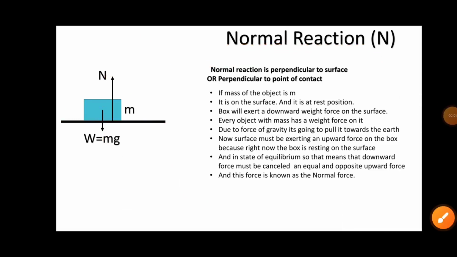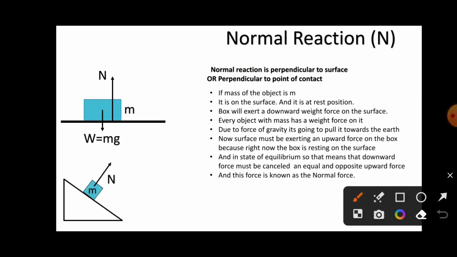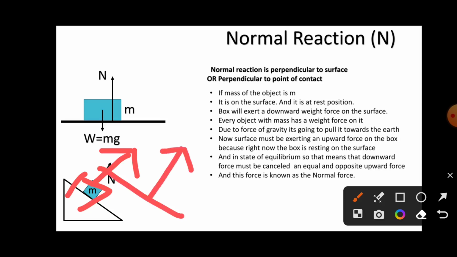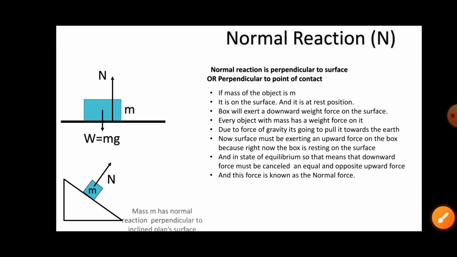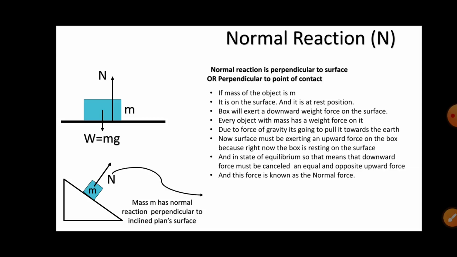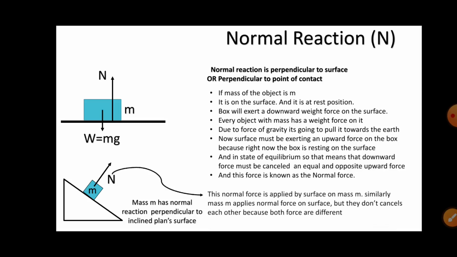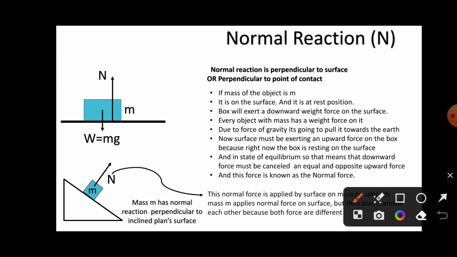Let's take another example of an inclined plane. Suppose mass m is here, then the normal force is in this direction. The normal force is perpendicular to the inclined plane.